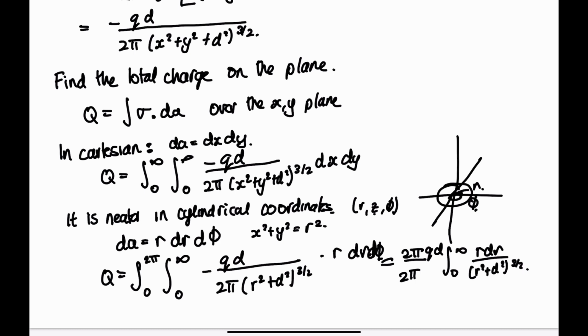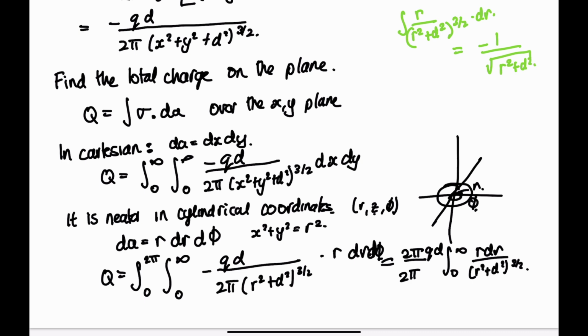Now, this is a standard integral that you can solve very easily with substitution if you let u equal r squared plus d squared, for example. And the solution to this integral, if we integrate r over r squared plus d squared to the 3 on 2 dr, the answer is equal to minus 1 over the square root of r squared plus d squared.